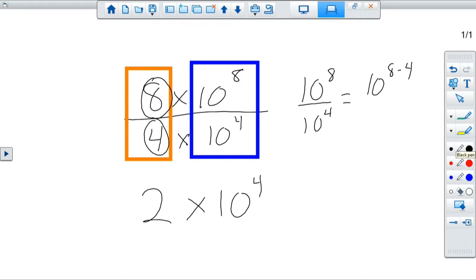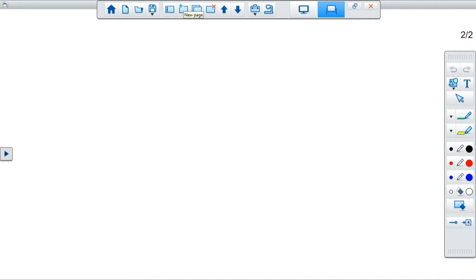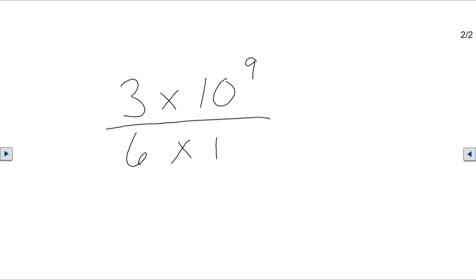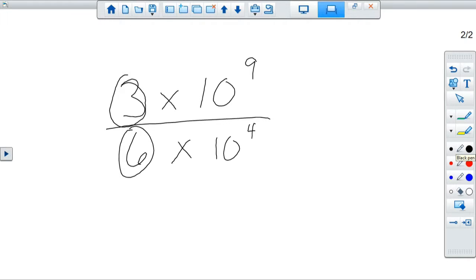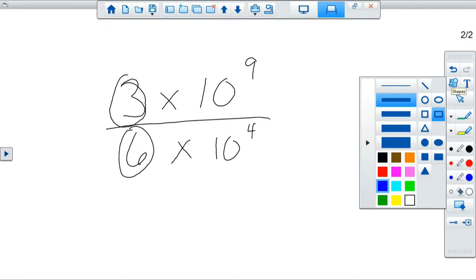Let's look at a scenario, however, where that's not the case. So I'm going to make the top 3 times 10 to the 9th divided by 6 times 10 to the 4th. A little bit different here in that my top front number is now smaller than my bottom one. So let's see what happens when we follow those steps.